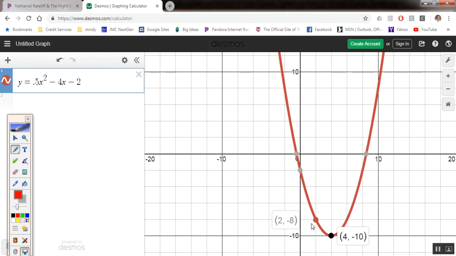Is 2, negative 8 one of the values there? Okay. And then we also had 6, negative 8, didn't we? Does that match right there? So you guys okay with this right here so far? Yes? No? Yes? Yeah. Okay.